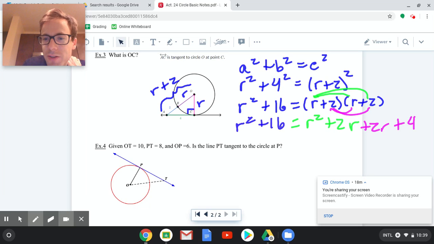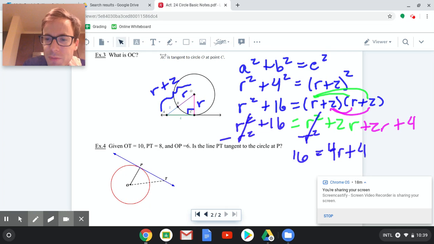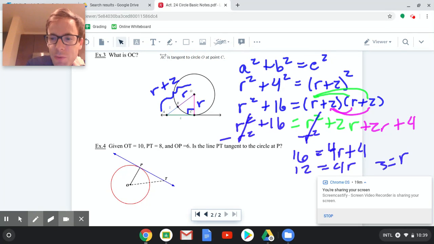Notice r squared is on both sides of the equation, so you can cancel them out, or just algebraically see, minus r squared will create 0 on both sides. Then we're left with 16 equals 2r plus 2r is 4r plus 4. This is a much easier equation to work with. So minus 4, 12 equals 4r, resulting in r equaling 3. So if r equals 3, we know the measure of OC is 3.